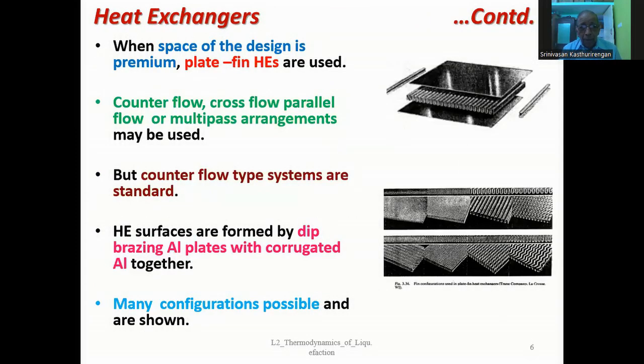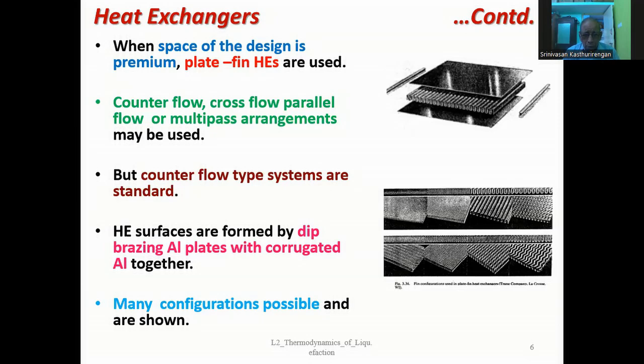Okay, there is another type of heat exchanger which people normally come across, and that is called a plate fin heat exchanger. When space in the design is at a premium, you use this type of heat exchanger. So what does it have? It has corrugated aluminum plates.